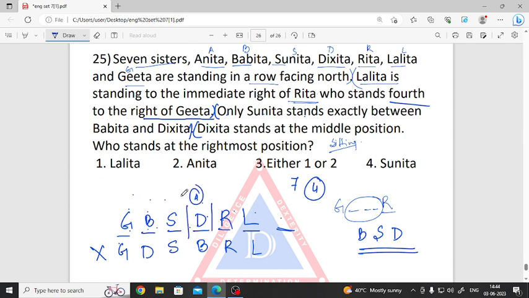From here also 1, 2, 3, fourth. That means here should be the left one. Who is left? Anita. So what is the question? Who stands at the rightmost position? A. A means Anita.